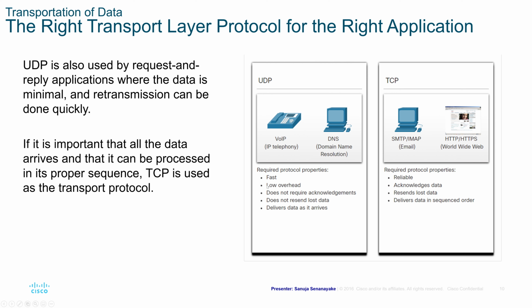So in UDP, remember, it is fast, low overhead, does not require acknowledgement, does not resend lost data, and delivers data as it arrives. As opposed to TCP, which is very reliable and acknowledges data, resends lost data, and delivers data in sequence order. And remember, we use both protocols, UDP and TCP, today.